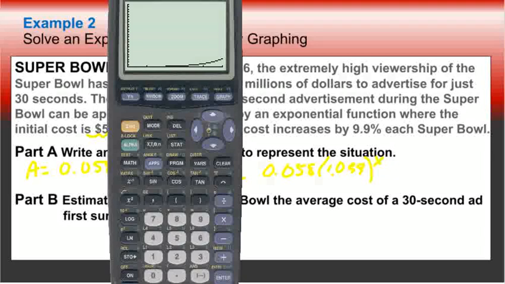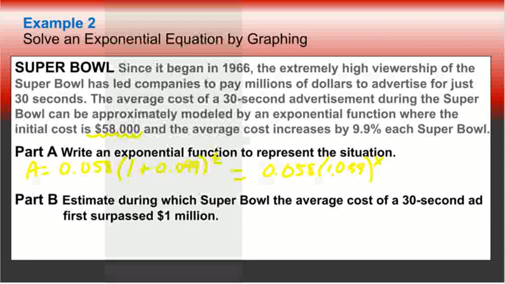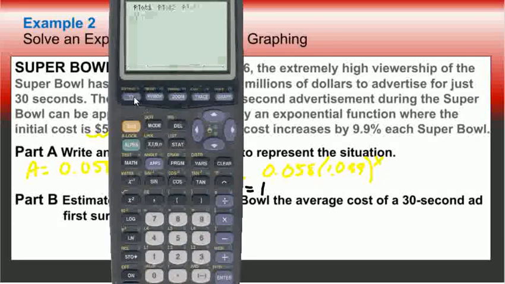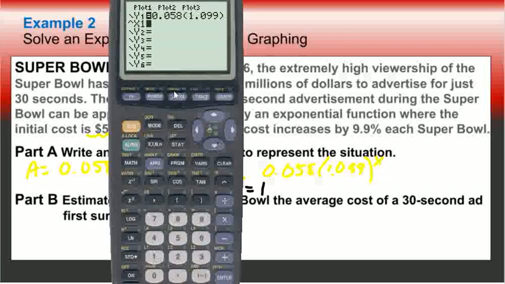So another thing we need to do is write a system with it. So we need to see when it gets to $1 million, which will be represented by 1. So now let's go back to our calculator. In our y equals, we're going to put a 1 here.